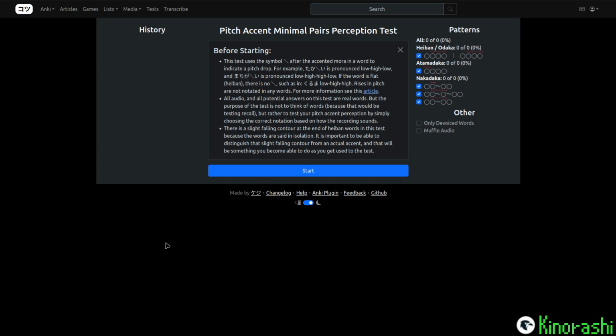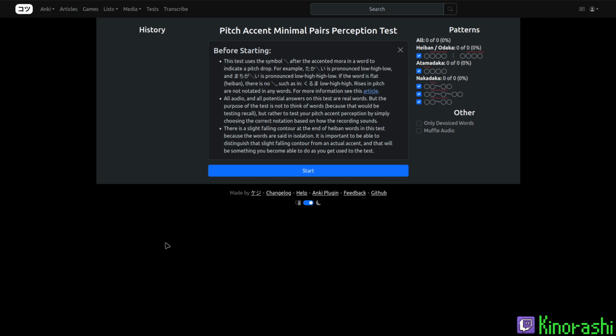Okay, so okay. Takai and machikai is pronounced low, high, high, low. Machikai.